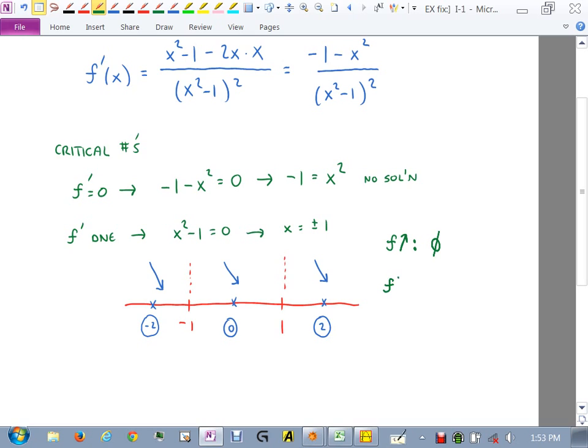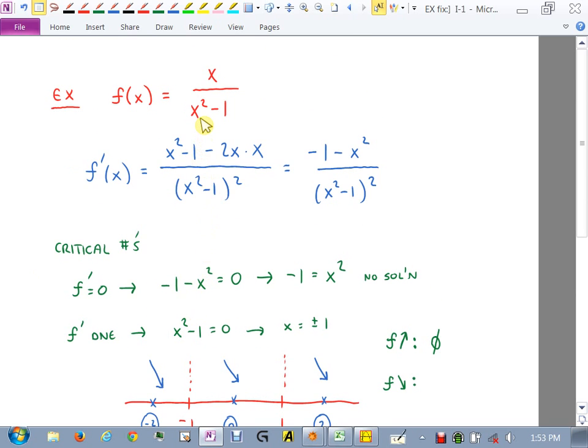Where is it decreasing? Well, negative infinity, positive infinity? This is why I'm giving you this example. That's right. What's not defined? Negative 1 and 1, my derivative's not defined, but even more than that, the original function's not defined.